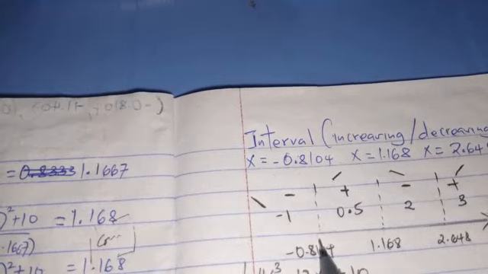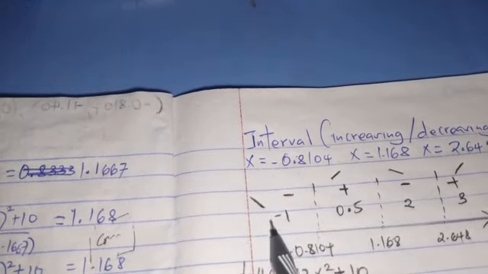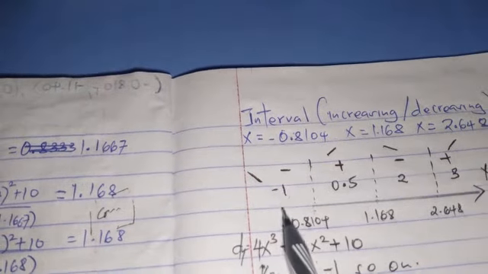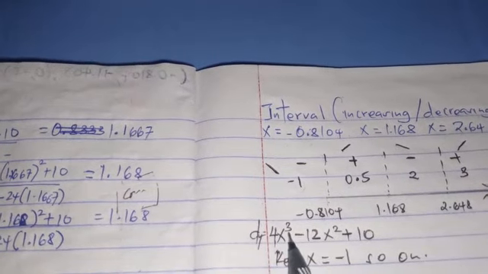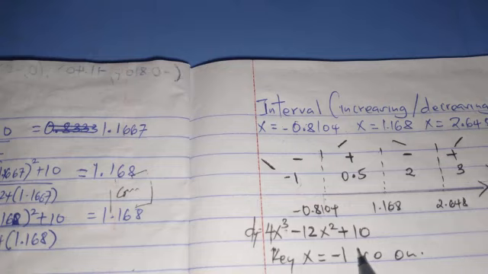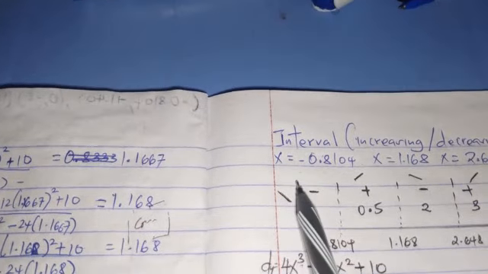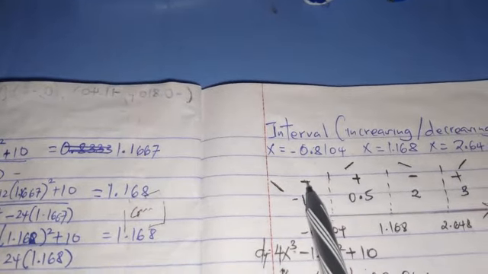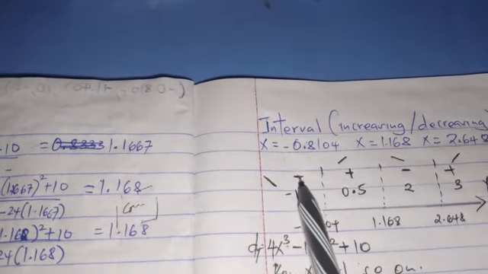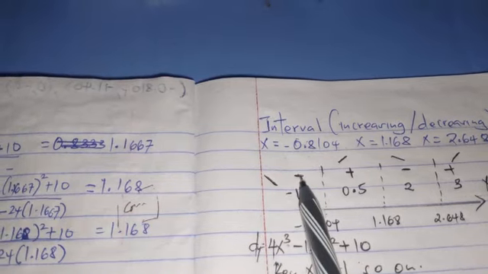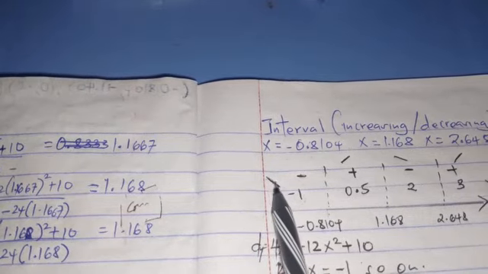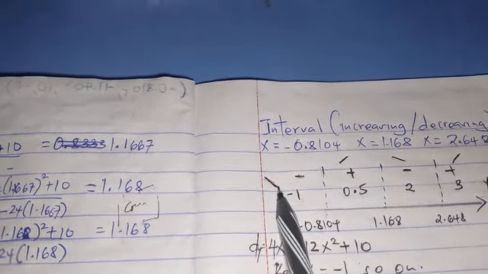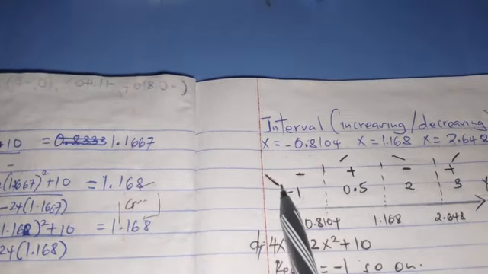So you are going to take a number from -infinity up to this point, and I took -1. When you have this -1, you replace it in the first derivative equation. When you replace -1, you are going to get a negative. You are just interested in the sign of the final answer. If it is a negative, it's a negative. So this is a decreasing interval, and the decreasing interval is represented by a diagonal.